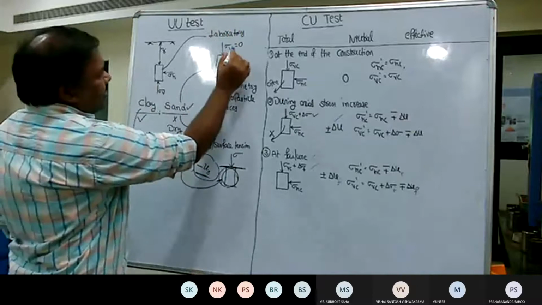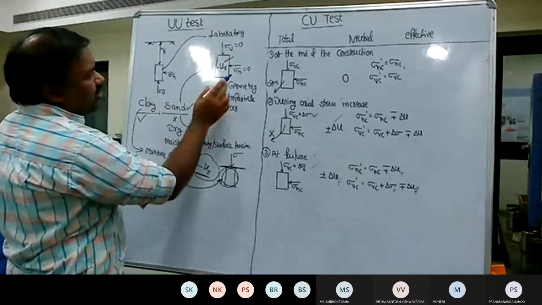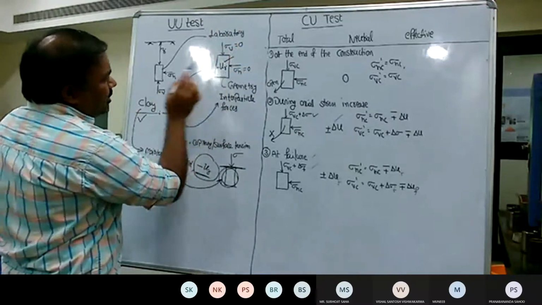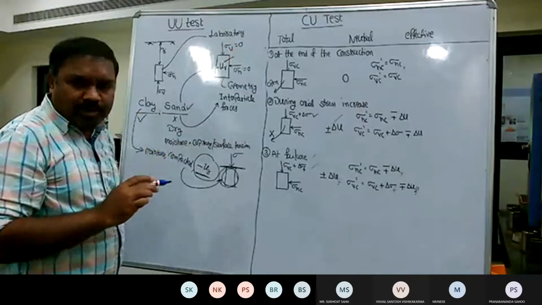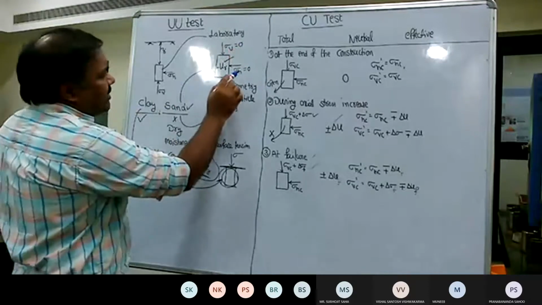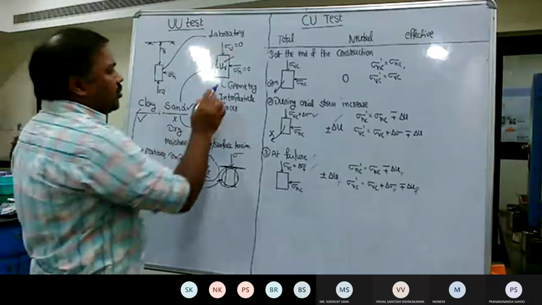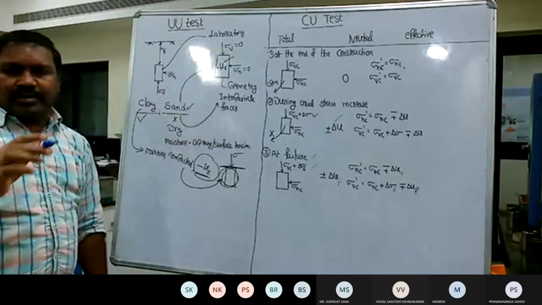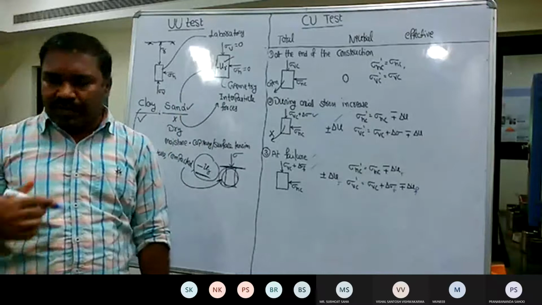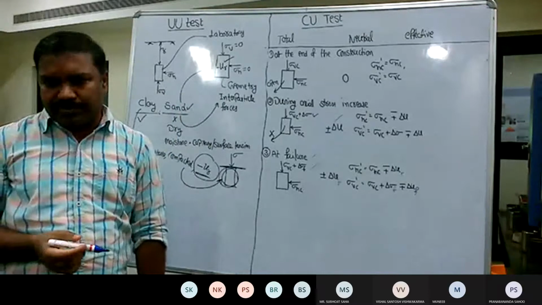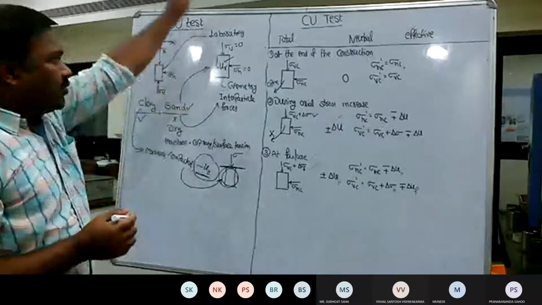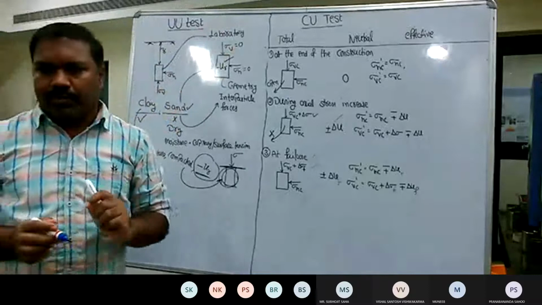You increase the sigma V or the sigma H. This initially tries to compensate the negative pore water pressure, and the moment you increase the cell pressure or the axial stress to a magnitude more than the negative pore water pressure, it will turn from negative to positive pore water pressure. So that we will try to see. So is this part clear now?